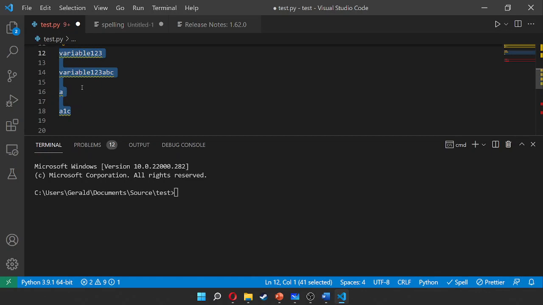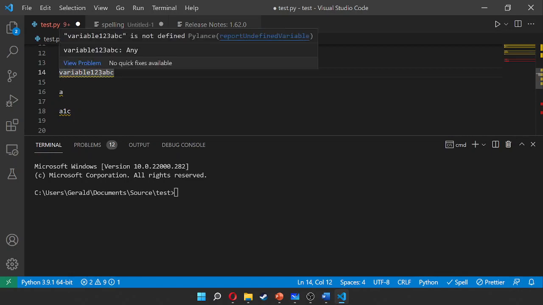Why these are valid. Okay, so valid siya because nag-start man siya letter, di ba? So for example, line 12 nag-start og letter V. Line 14 nag-start og letter V. Sorry ha, nag-underline lang ni siya kay wrong spelling. Like dili siya English word.